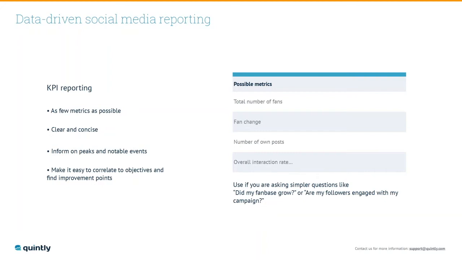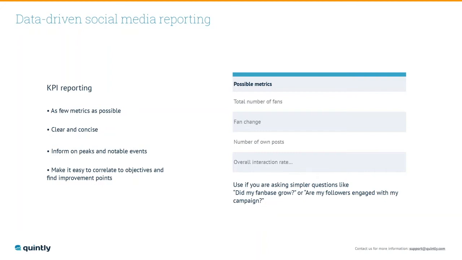If you're interested in asking yourself the very simple question, did my fan base grow, or are my followers engaged with my campaign, these are the questions you have to be very clear about first. So what is my goal that I want to achieve?